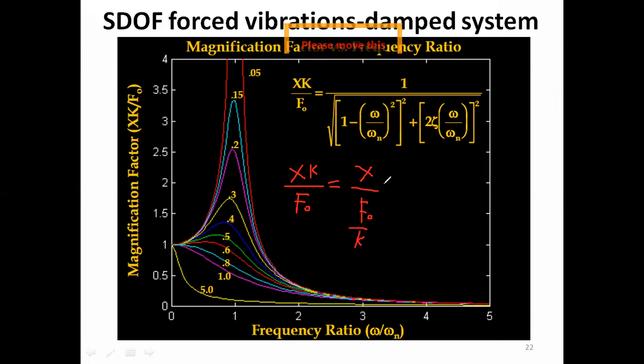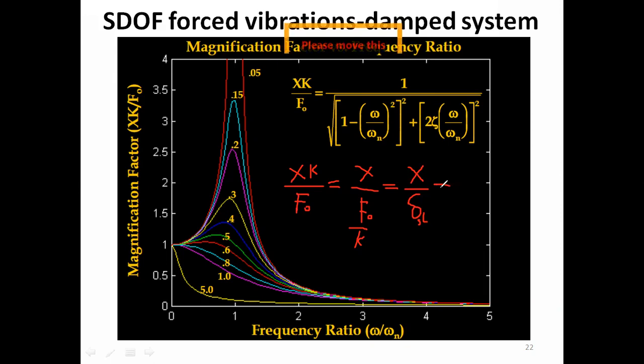F naught by k is the static deflection. So X by static deflection, delta_st.